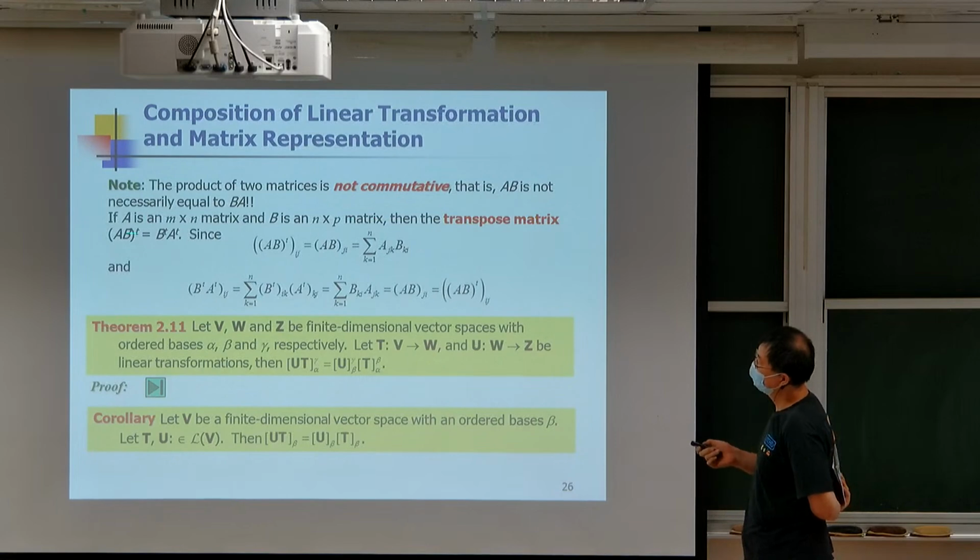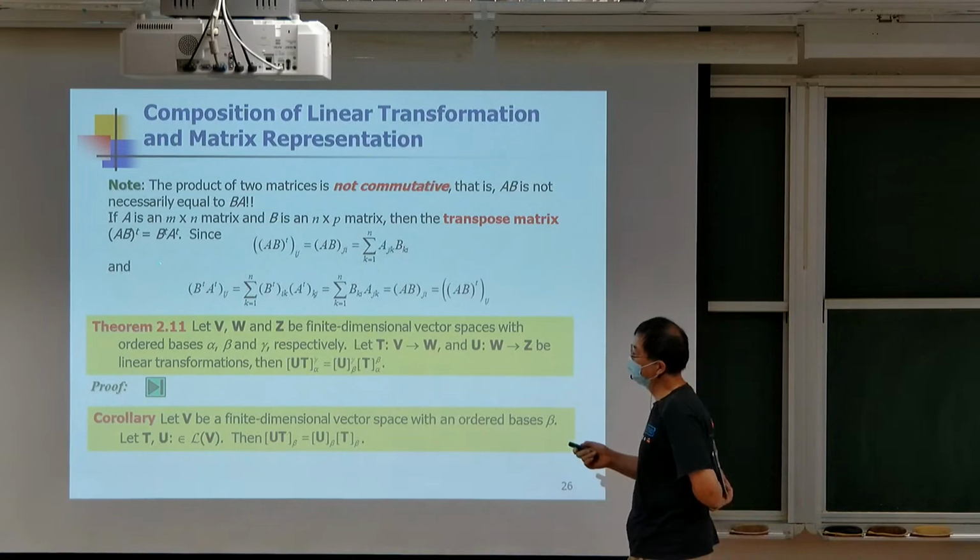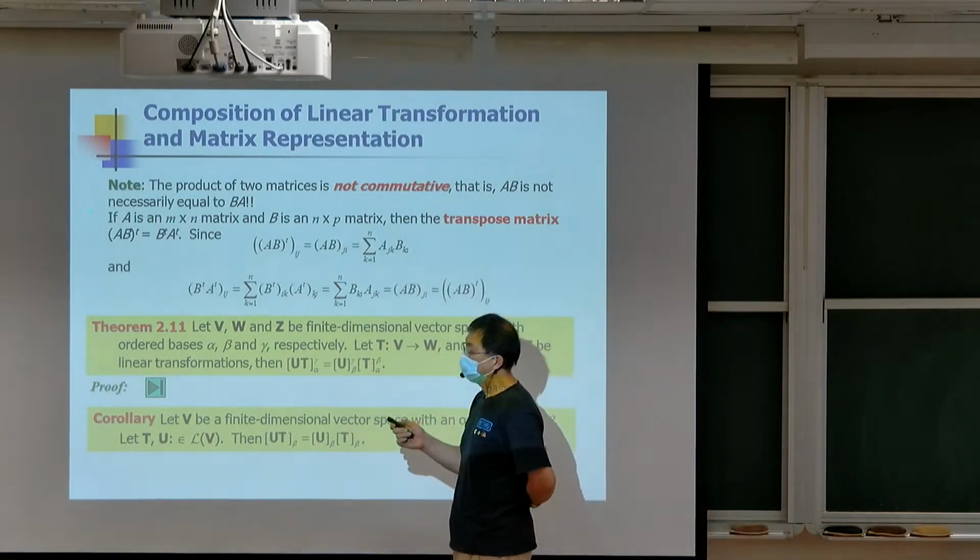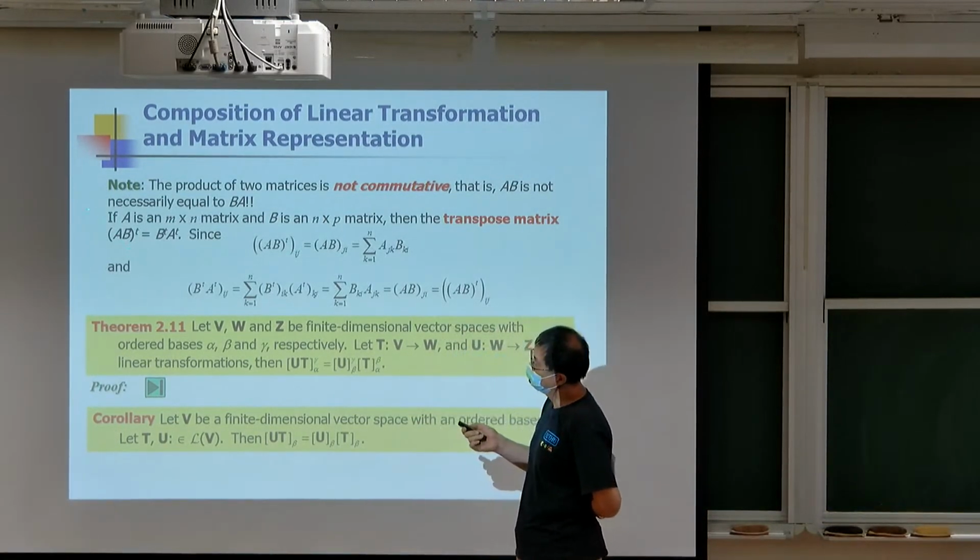So the product of A and B becomes an m by p matrix, and then we want to transpose the matrix. So then the transpose of AB becomes a p by m matrix, and then we want to show that after transpose, (AB)T equals BT times AT.